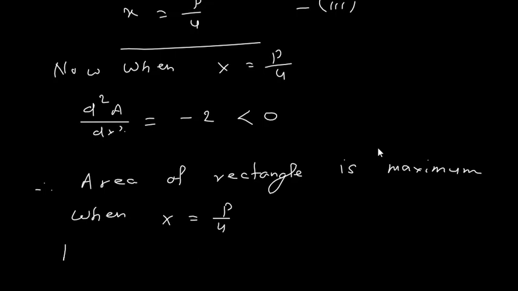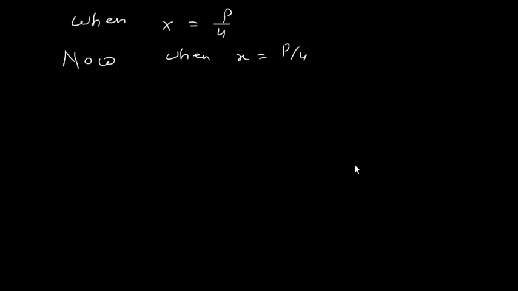Now when x is p upon 4, the value of y we can find out with the formula p is equal to 2 times x plus y. So here p is equal to 2 times, in place of x I will write p upon 4, plus y.